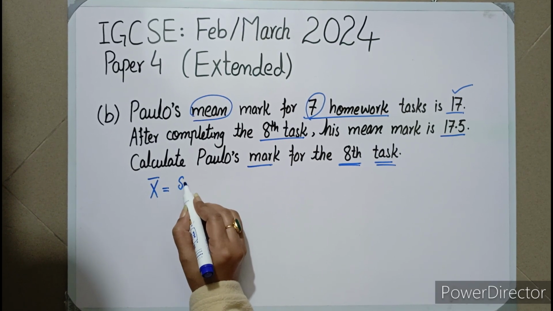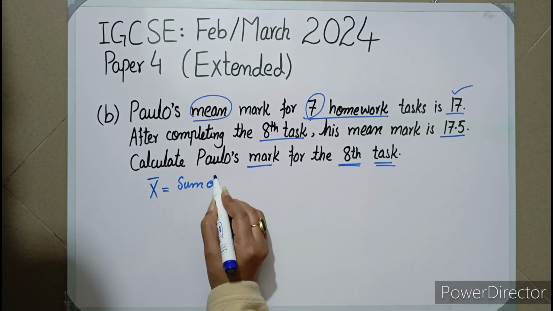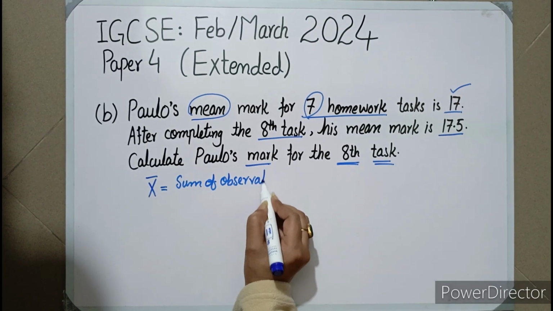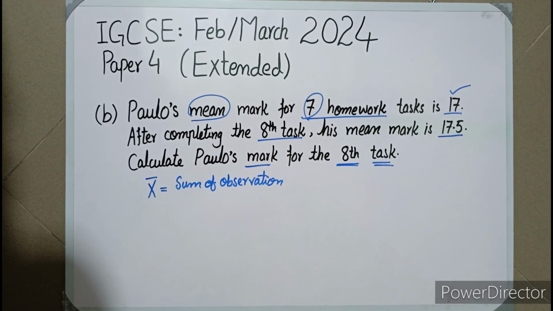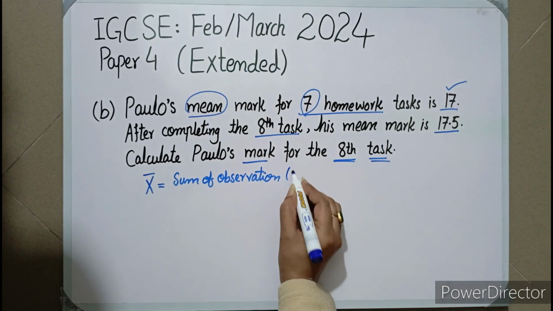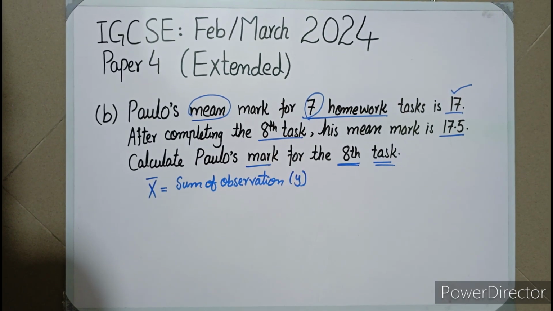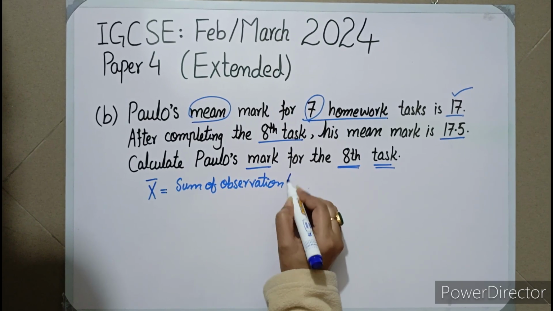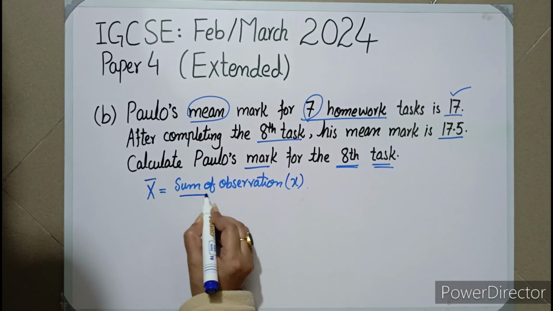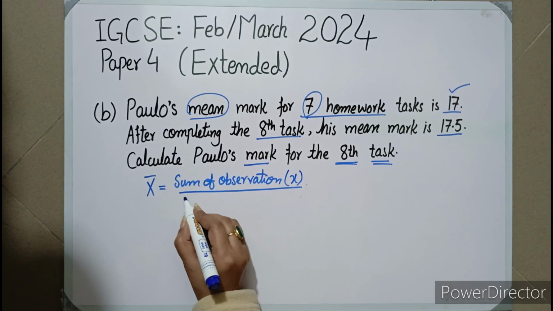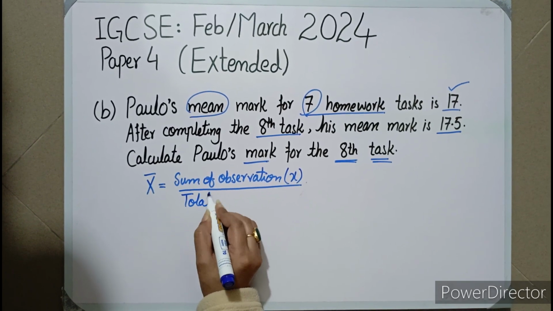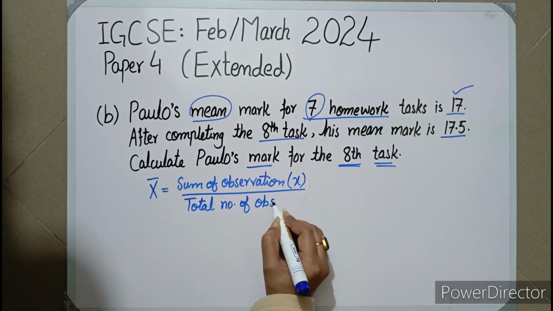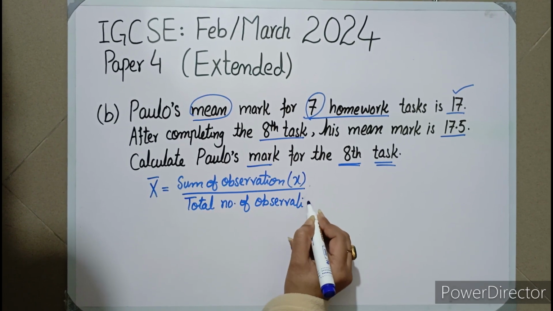Here it is the sum of observations divided by the total number of observations.